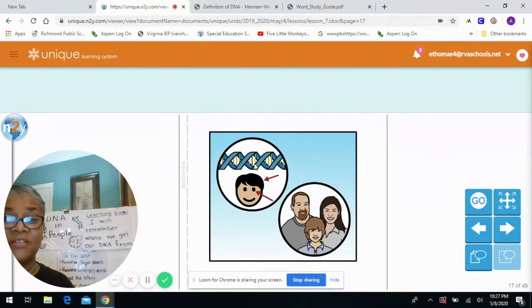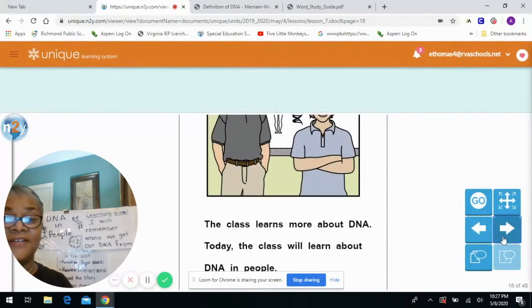DNA. Remember we talked about that? DNA, his traits, the color of his eyes, the color of his hair. So this is the mother and this is the father. Where did the boy get the color of his hair? Did he get it from mother or from father? He got it from his father. Very good.